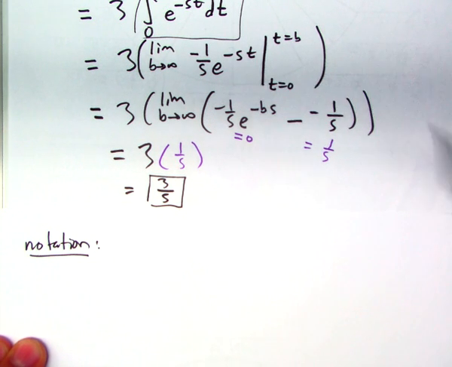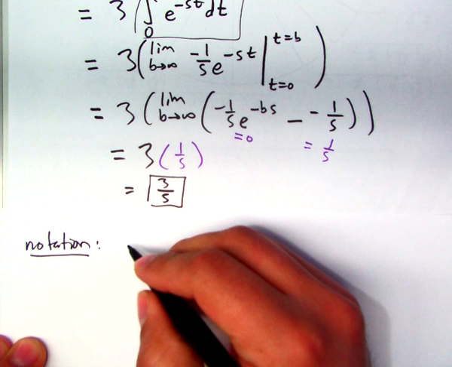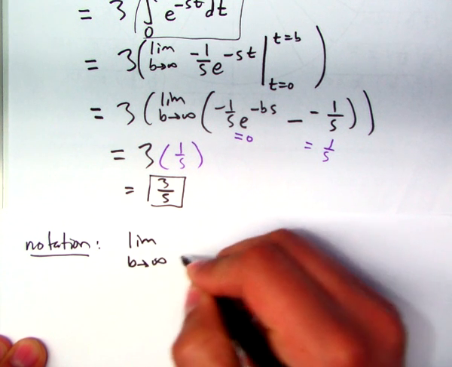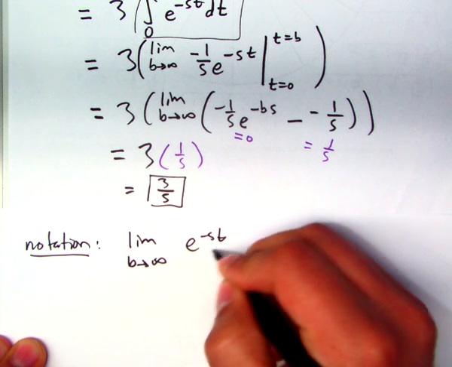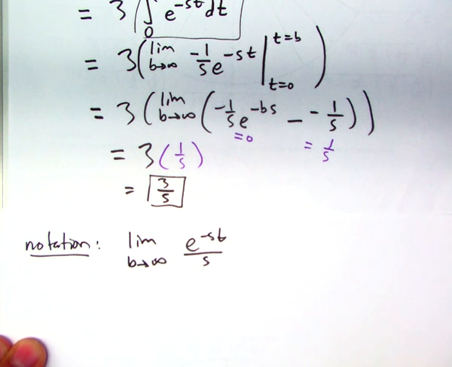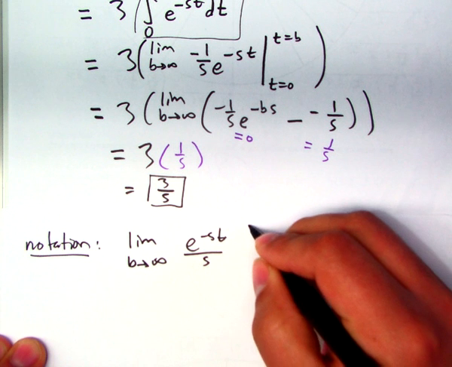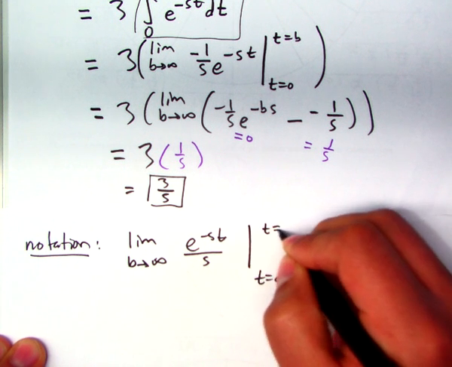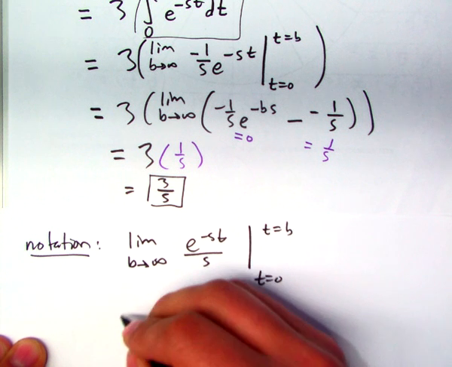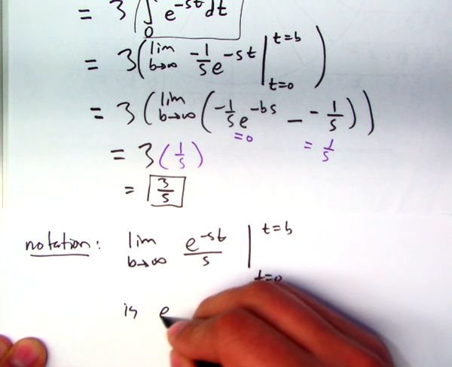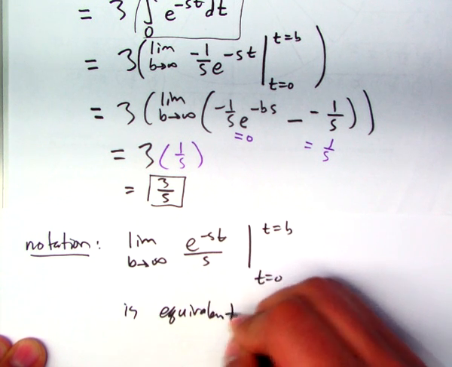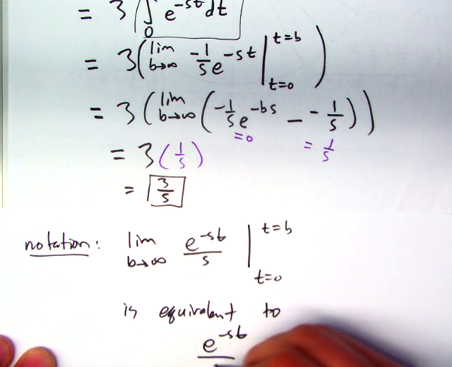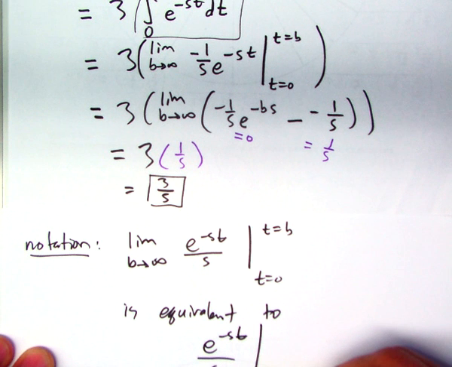So we're going to say that the limit as b goes to infinity of e to the minus st over s, for example, evaluated from t equals 0 to b, is equivalent to just saying e to the minus st over s as t goes from 0 to infinity.